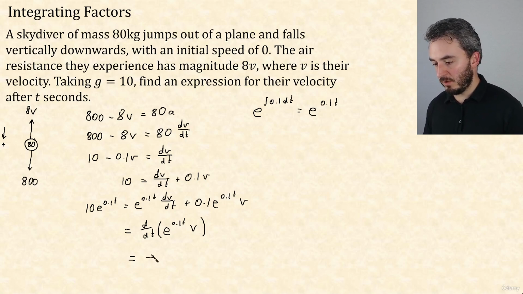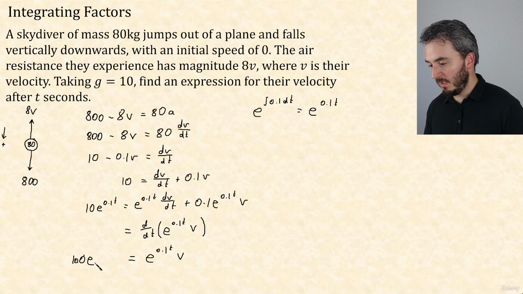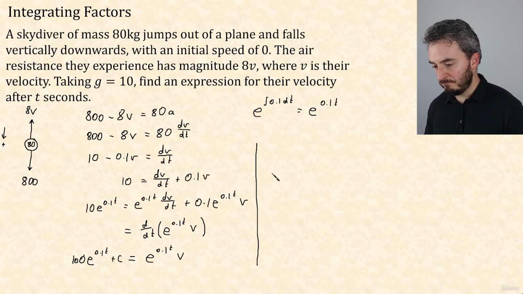On the right hand side I've got e to the 0.1t times v, and on the left hand side the integral of this is 100 e to the 0.1t plus c. Let's continue working over here.